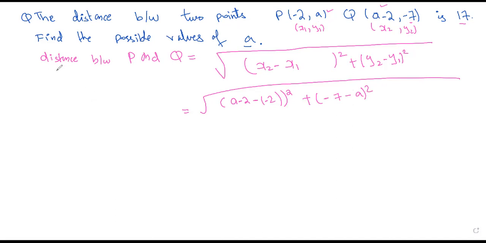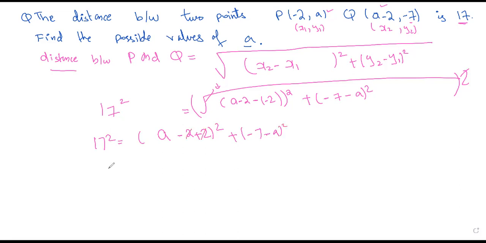Okay, so what is the distance? We have been told that the distance is 17, and I need to simplify this. So I will get rid of this big under root by taking square on both sides. So now I have 17 square equals (A minus A) square plus (-7 minus A) square.